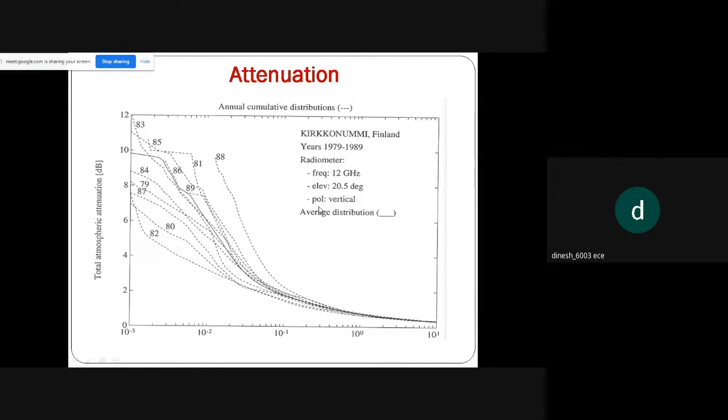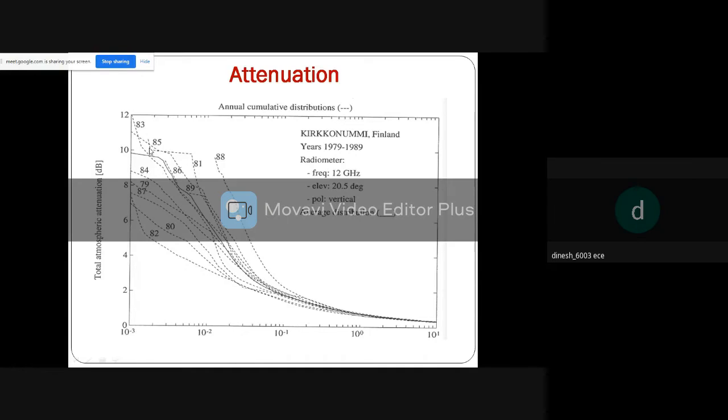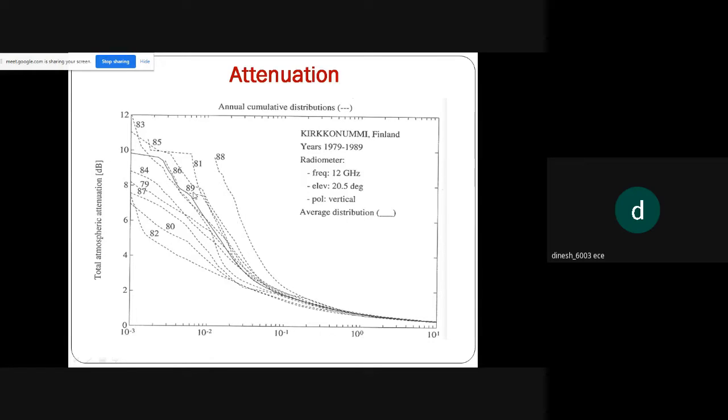Then in 1985, it was around 11. 1988, we should say 1988, it was around 10. 1989, it was around 11.